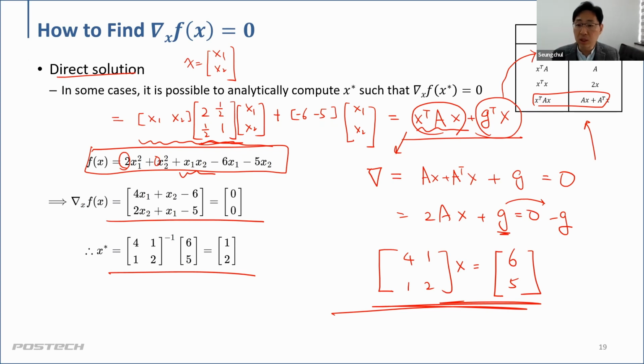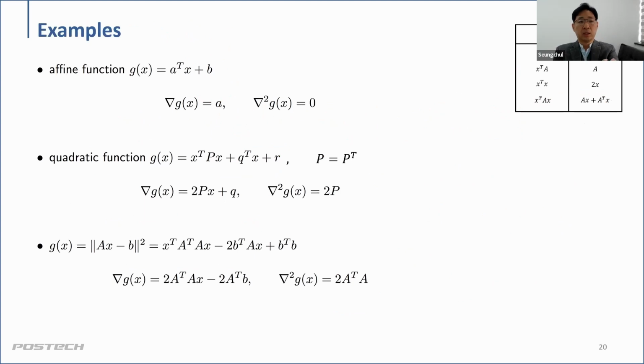That is another way to compute the analytic solutions for direct approaches. Right? And I'm going to show you some examples which you're going to see very often in optimization problems, convex optimization problems, or even in machine learning.